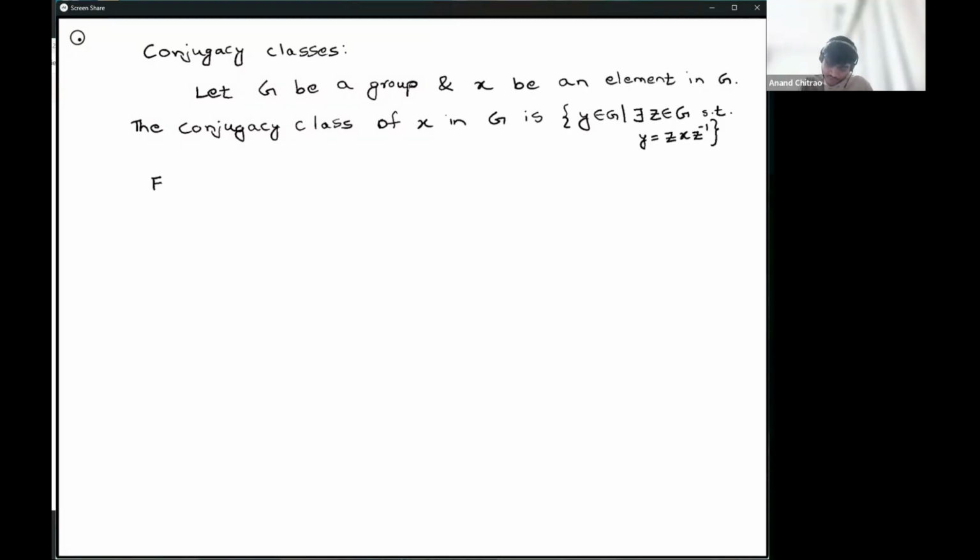So what are some examples? These kinds of questions regarding conjugacy classes show up in the context of Sn. What is the conjugacy class of the permutation (1 2 3) in S3?